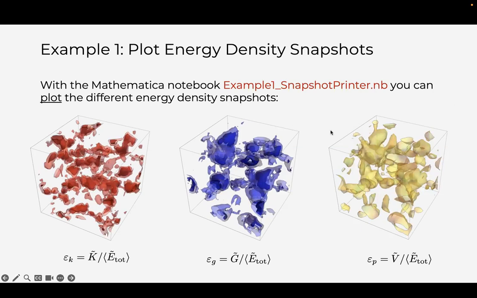After I finish with this PowerPoint, we will go quickly into the notebooks and I will show you how they're structured. So you have snapshots of these 3 different kinds of energy components, really plotted as energy densities, so you have the gradient divided by the total energy, for example, and likewise for the others.